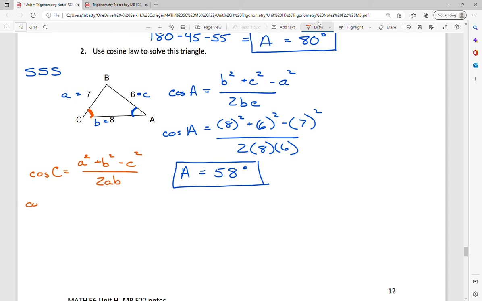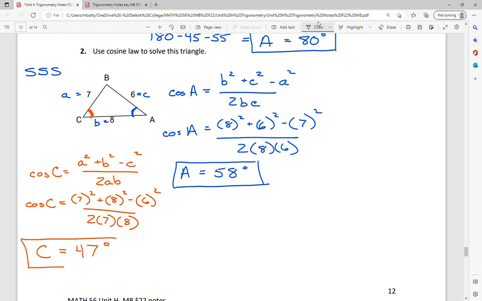Subbing everything in carefully, I'd have 7 squared plus 8 squared minus 6 squared all over 2 times 7 times 8. Using my calculator carefully, oops, sorry, I was going to write that angle C, because this is what I'd probably do next, angle C is equal to 47 degrees.